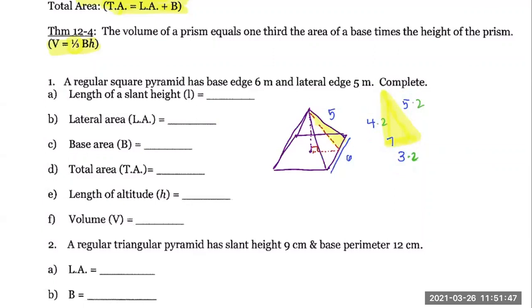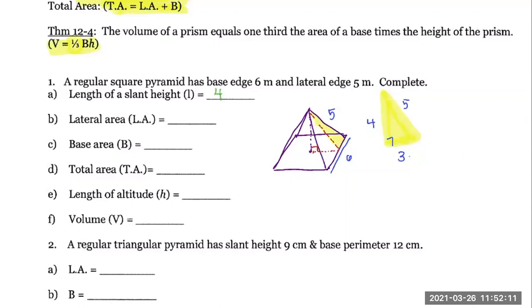If you multiply by a common factor like 3, a 9, 12, 15 is also a Pythagorean triple. So multiples of 3, 4, 5 are also nice triangles with Pythagorean triple values. So the slant height here is equal to 4.